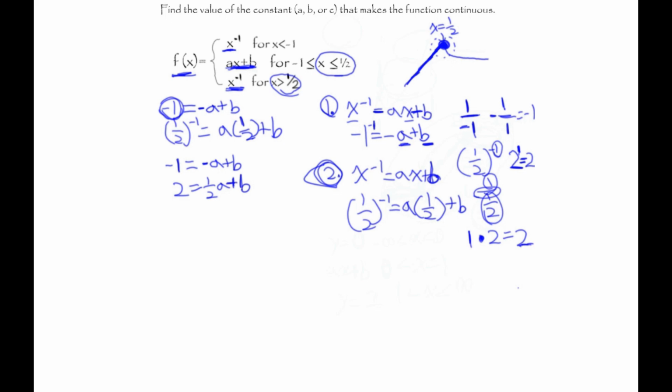And now that we have two equations, we can solve for the two variables. What we can do is set up a system of equations here. And what I would like to do is cancel out a variable. What we'll see is that there's a common variable here, plus b and plus b. But to cancel them out, if we were to add these two equations to each other, we'd have to get one of these b's to be equal to a negative b.